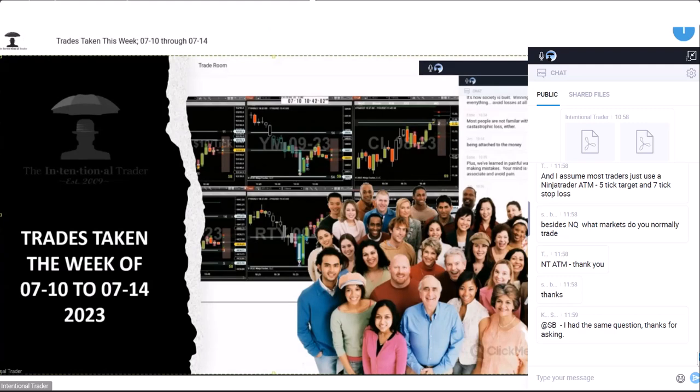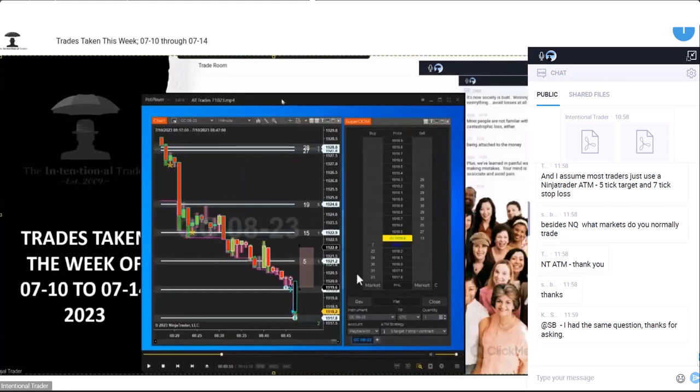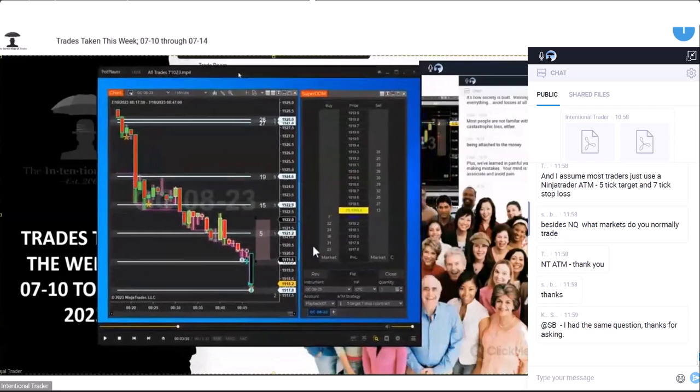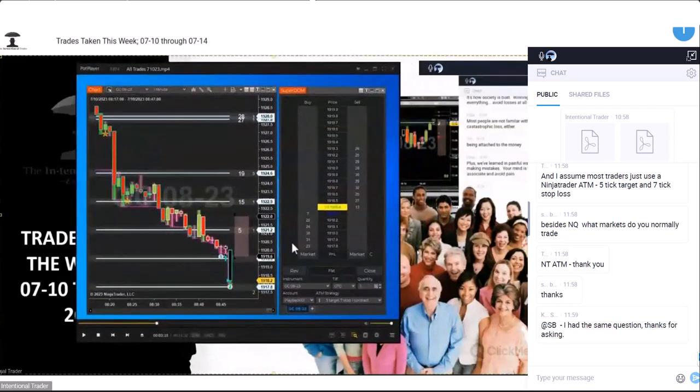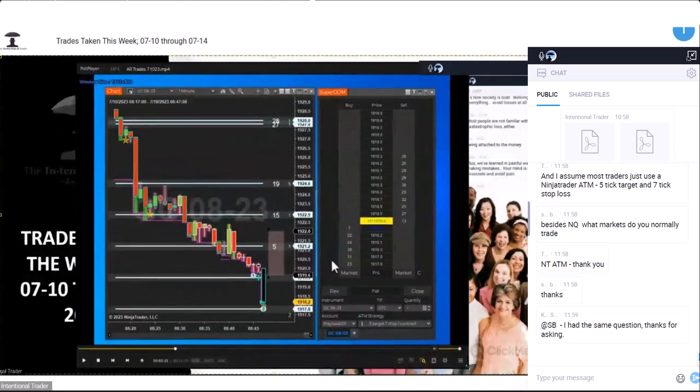Y'all ready to see some trades? These are trades that we took this week. And when I say we, I mean the whole trade room, if they were there, participated also.